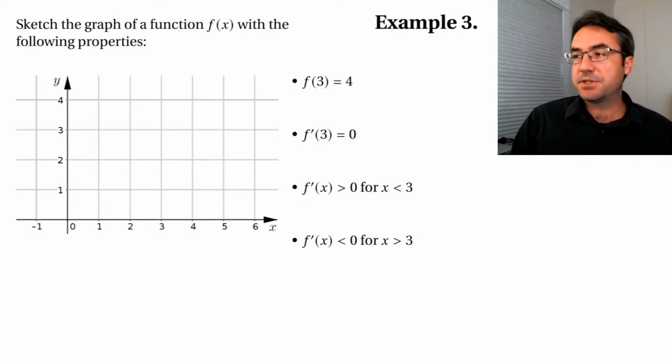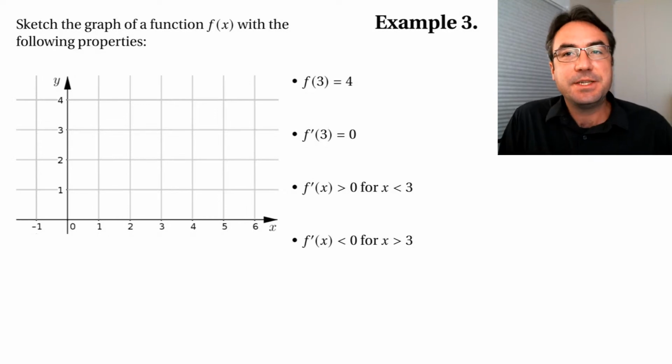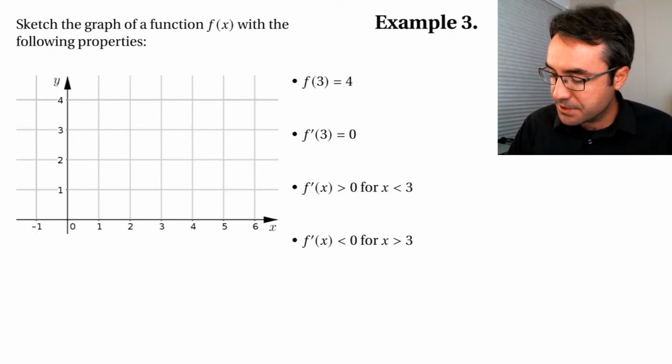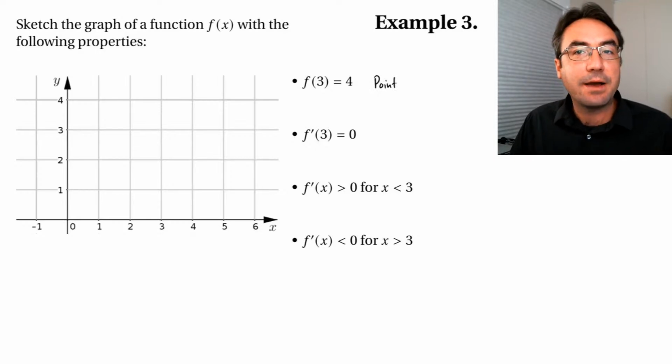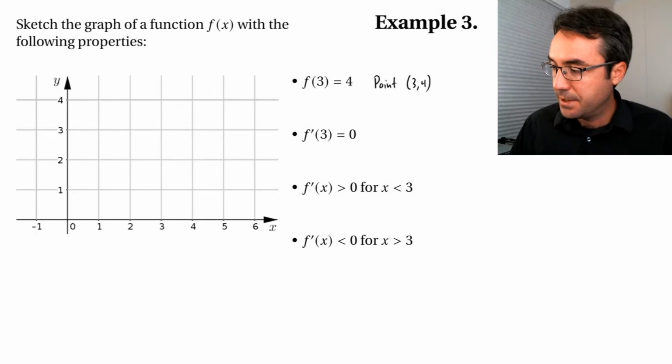All right, so let's start with the first property there. It says f of 3 is equal to 4. Now, this information tells us that we have a specific point on the graph of our function, and it tells us the point 3, 4 is on the graph.